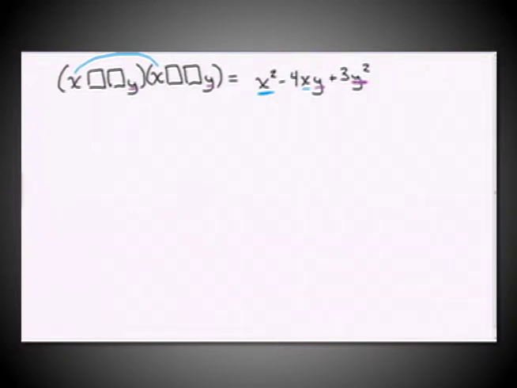So to get ready to factor this, I need to make sure that I have a place for the sign, either positive or negative. And then I also need to have a place for the factors that make up the coefficient of that last term. So I have spaces here and here. From here on out, it's the same exact process that we talked about with x squared plus bx plus c.